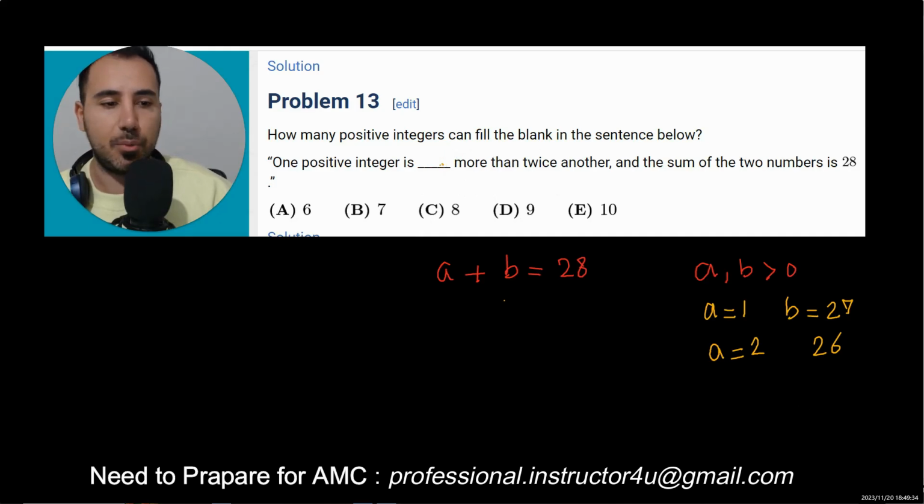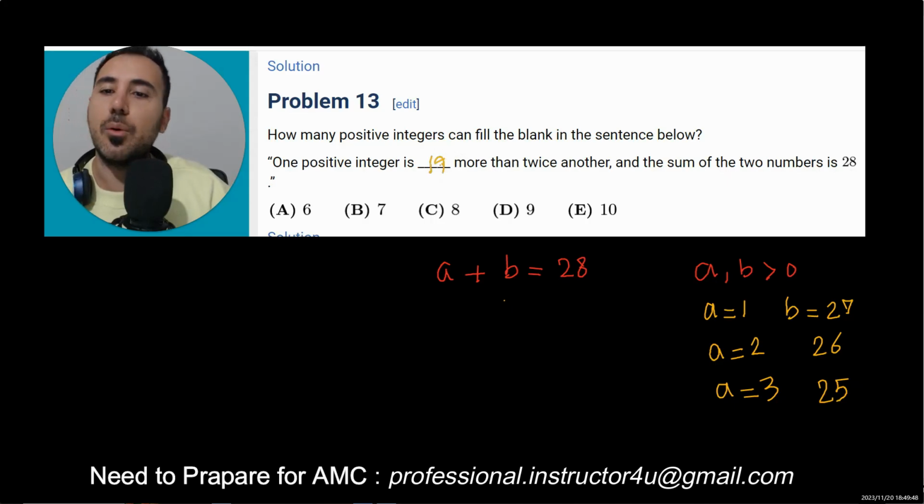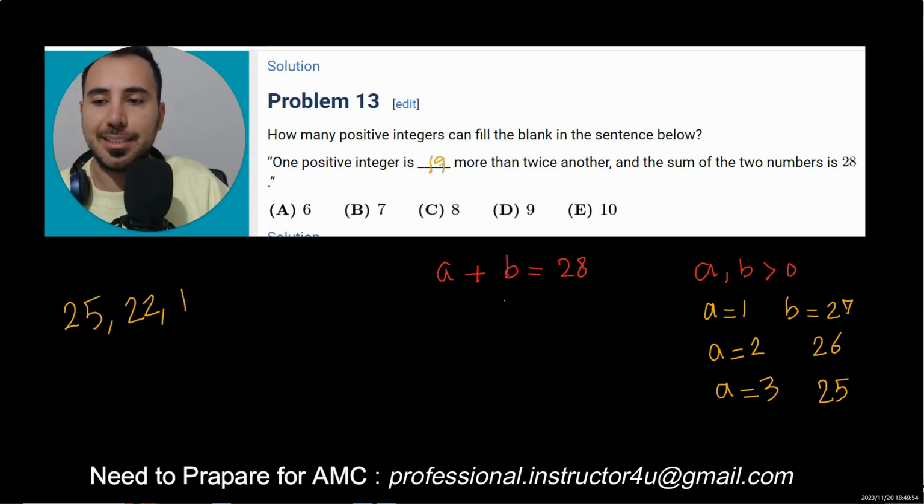Let's go another one. So A is equal to 3. B will be 25. So 25 minus 2 times this will be 19. You see that now? The first number we tried was 25, then it was 22, then 19. We just have to go until it stops.